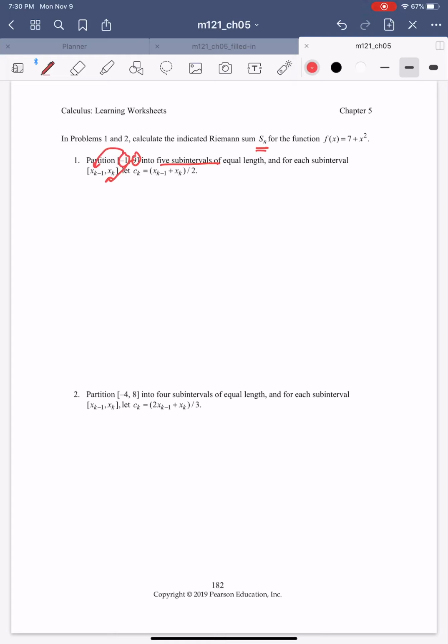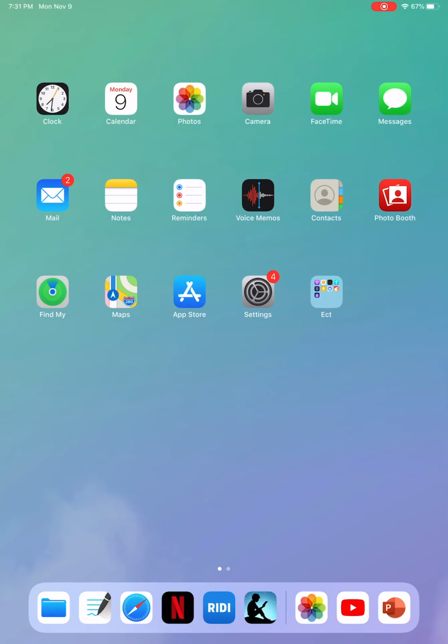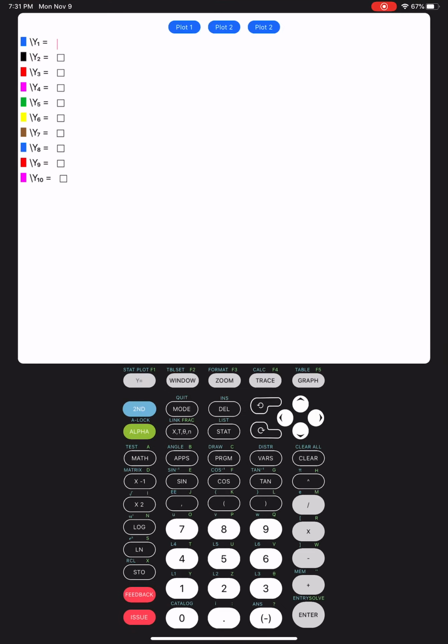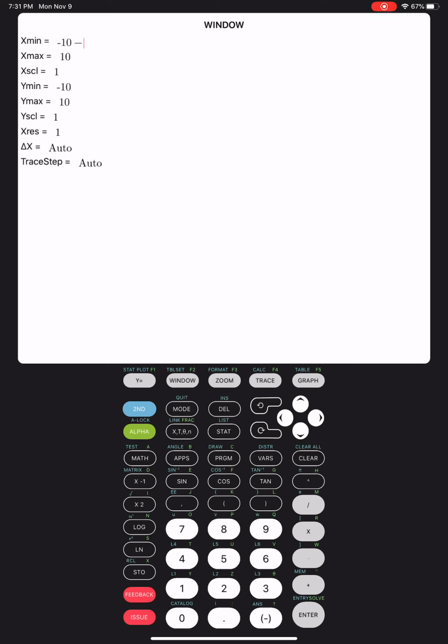Okay, so let's begin calculating some c sub k, and that will be the height of a rectangle. So if you recall, x squared plus 7 on the interval -1 to 9, and you can use a calculator. I'll show it to you. So we have 7 plus x squared, and let's say we are only focusing on -1 to 9.